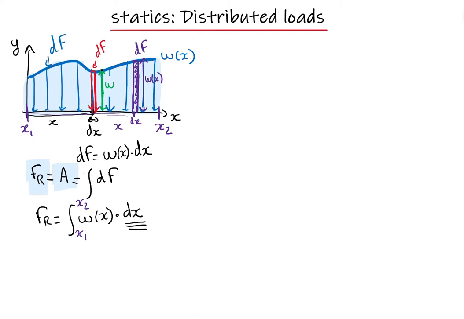You can also write FR as the integral over the length of the load of w(x) dx, where L is x2 minus x1. I will use L because it makes the explanation a little easier. So we found the formula for FR.